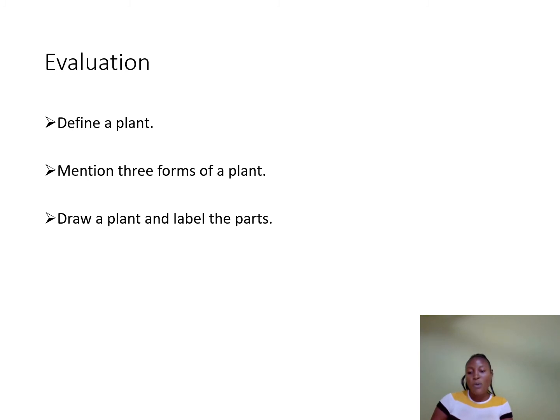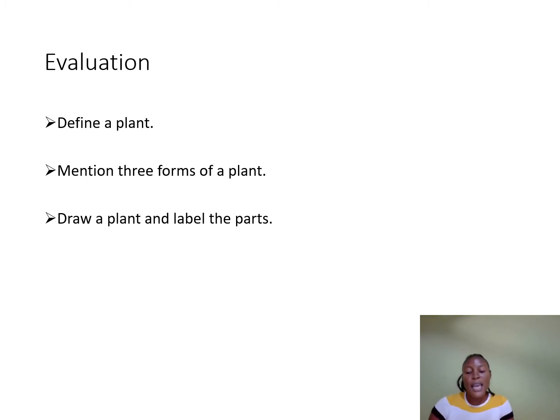By now, you've gotten a fair idea about what plants are. I said that plants are living things that grow in water and on land. We also learned about the forms of plants, where we got trees, shrubs, herbs, flowers, and mosses.